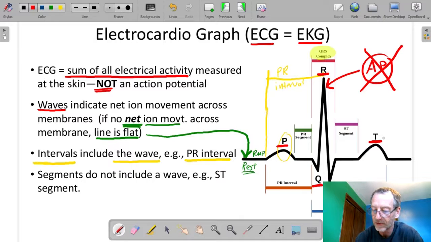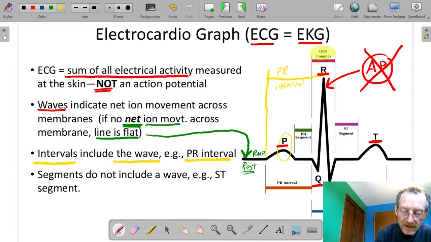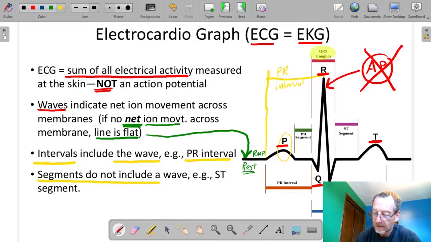Okay, so the intervals include the waves. PR interval includes the P wave. A segment, on the other hand, does not include the wave. So for example, here is a flat segment between the S and the T, and it does not include the S wave or the T wave. So that's an ST segment.